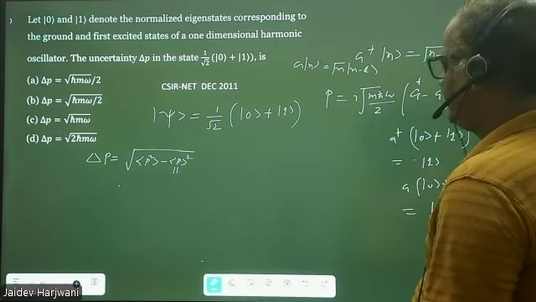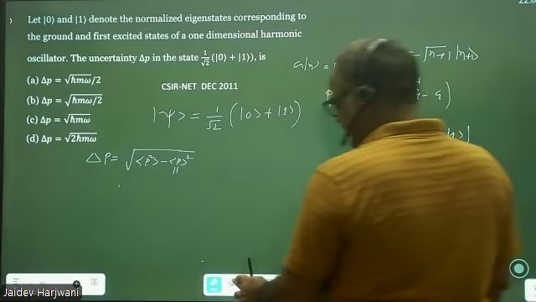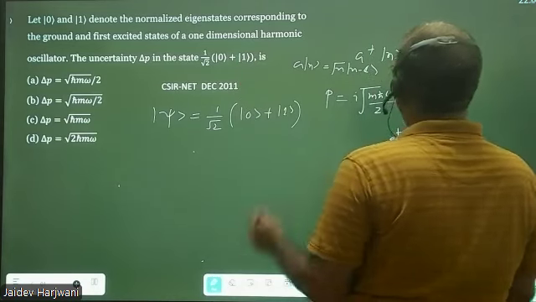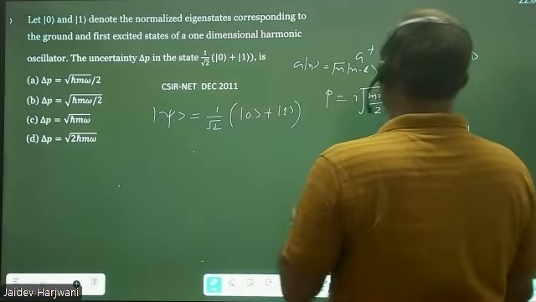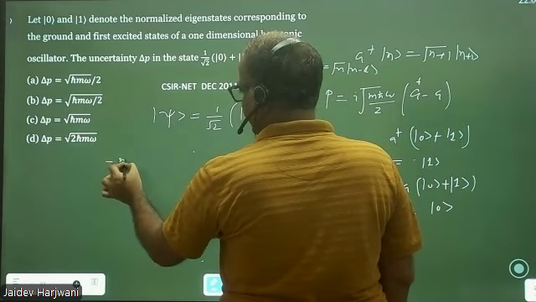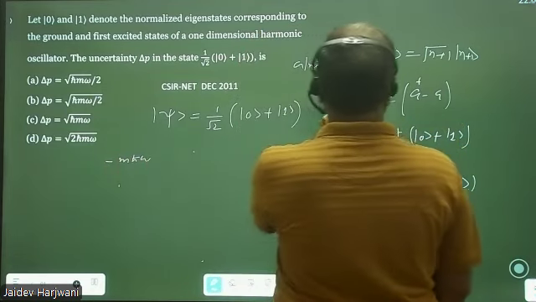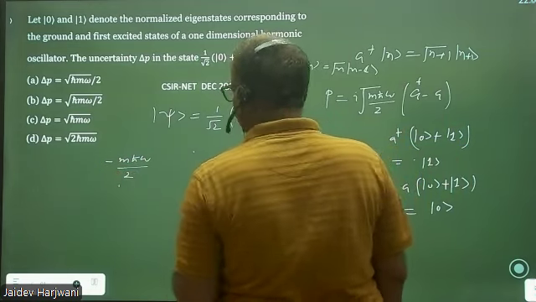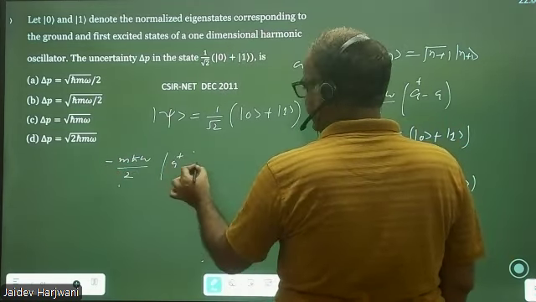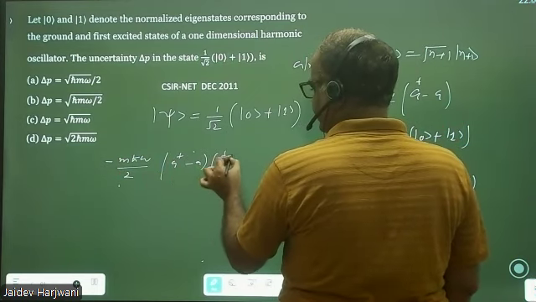Now let us first operate p square on this state and see what is coming. So p square is minus m h cut omega upon 2 times (a dagger minus a) times (a dagger minus a).